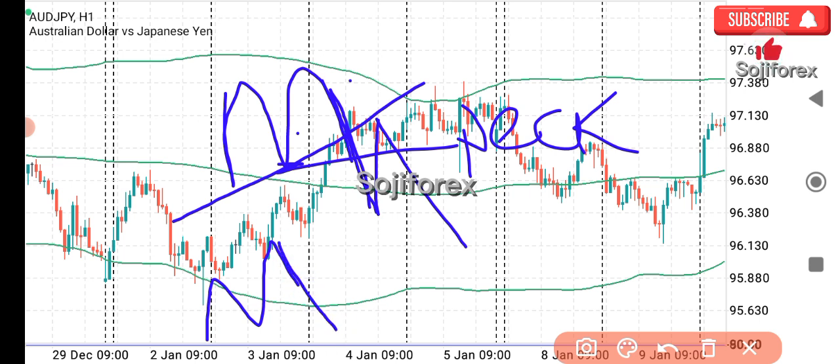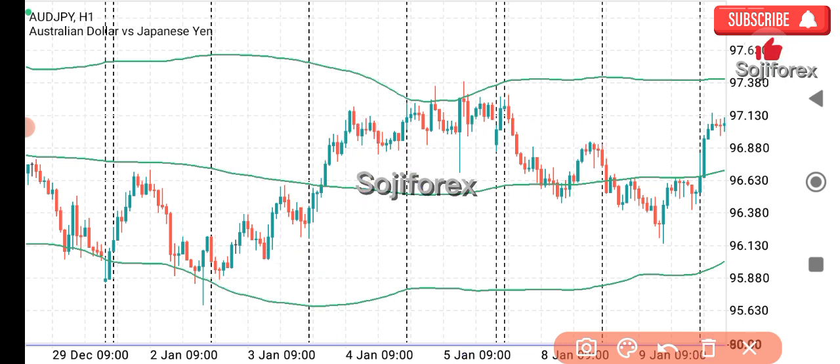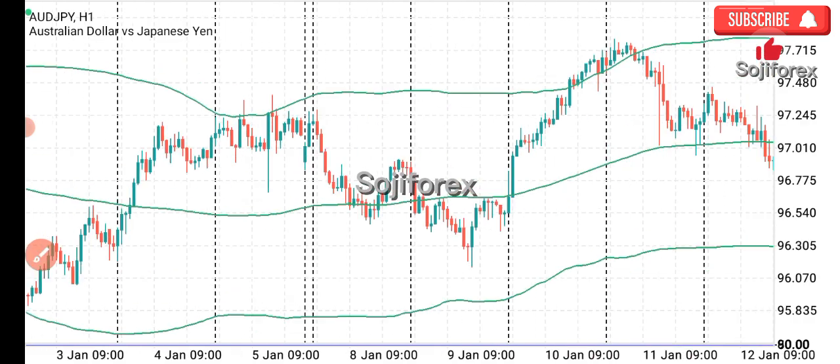So once this neckline is broken, it's the same as a break of structure. This retest is either into a fair value gap, an order block, or a demand zone, in order to continue to the downside. The same thing is applicable to this M and W pattern, but the M and W chart pattern becomes more or less like a double confirmation.